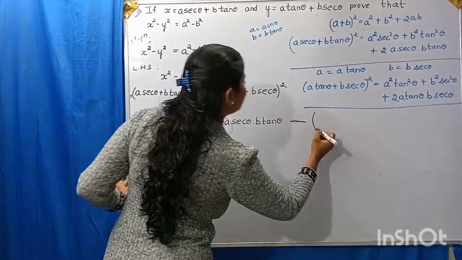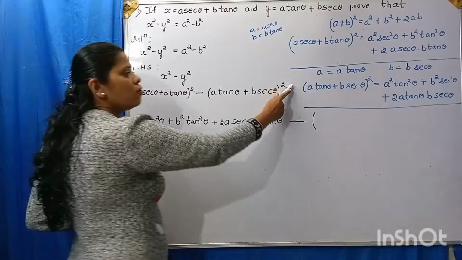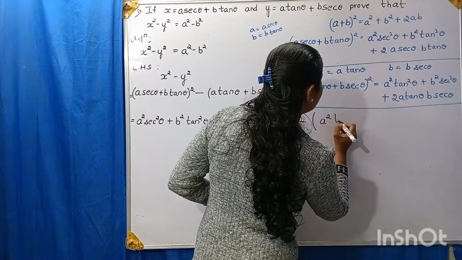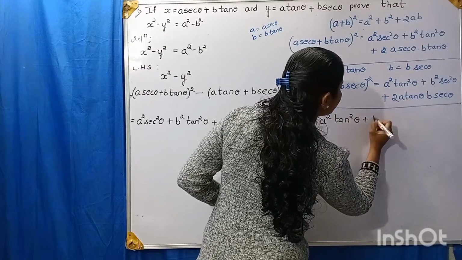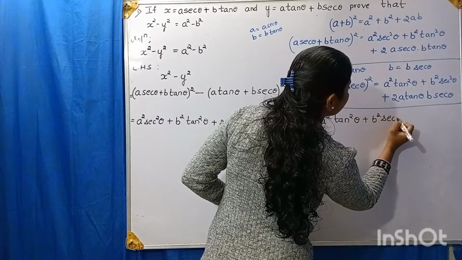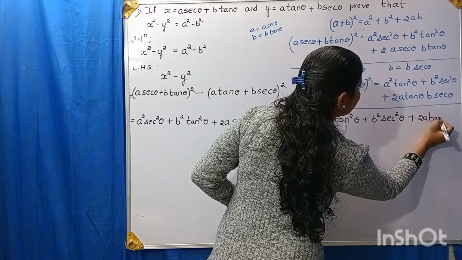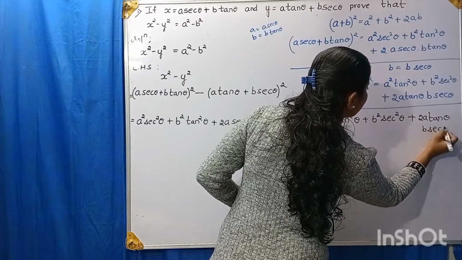While writing, that is (a tan theta + b secant theta) the whole square means what? a square tan square theta plus b square secant square theta plus 2a tan theta into b secant theta.